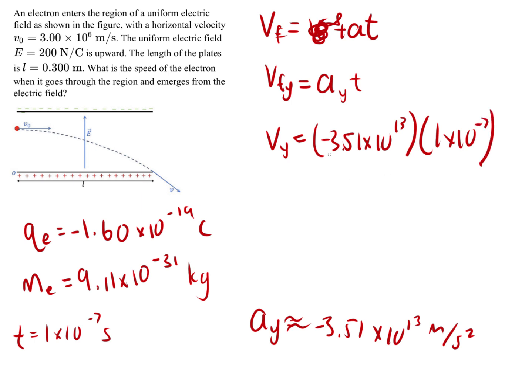Now if you evaluate this, you should get about minus 3.51 times 10 to the 6th power meters per second. So now this is really fast again. This is actually about minus 3.51 million meters per second.